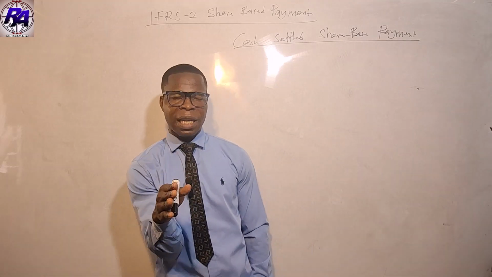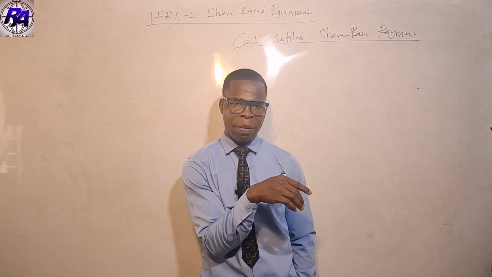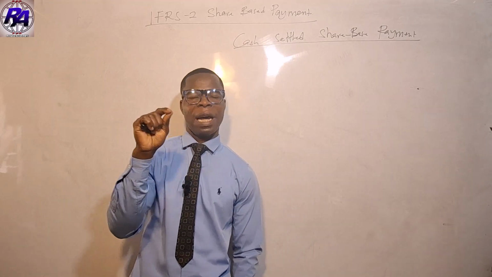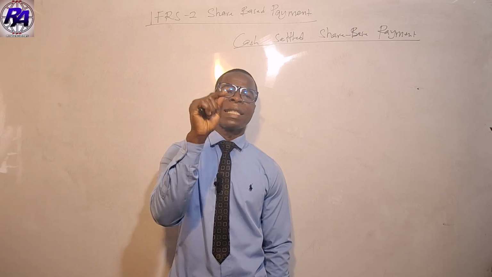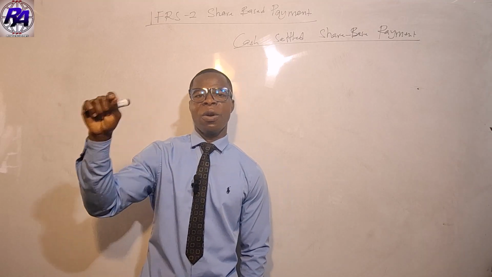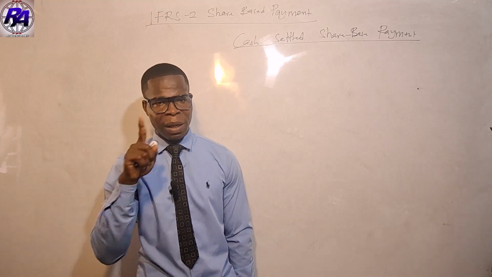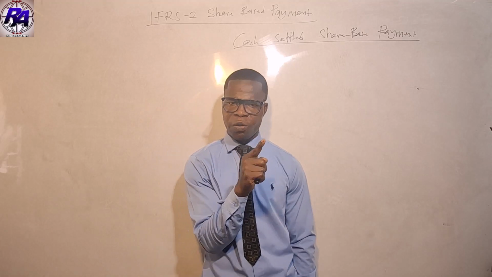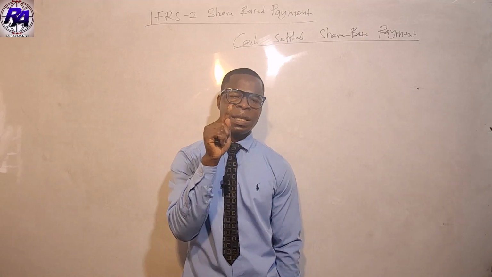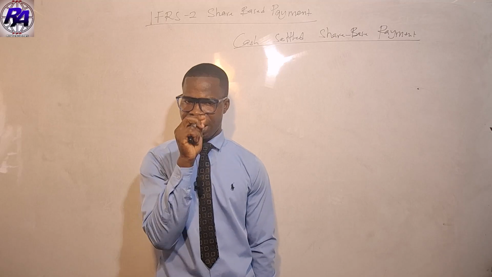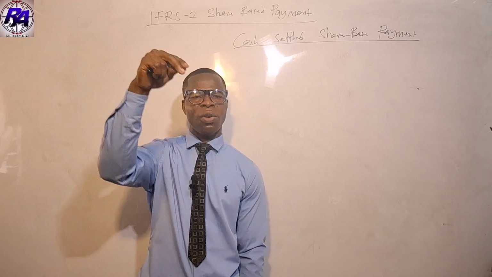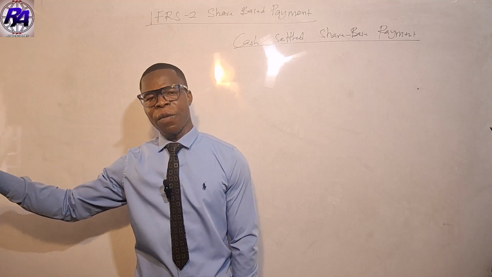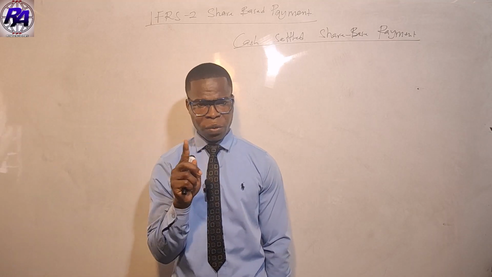So the entity has received goods from a supplier or services from an employee, and the price of those goods is determined based on the share price of the entity. In this case, the entity is not issuing equity instruments, neither is the entity issuing share options, just that the price of the goods and services are determined based on the equity price of the entity. So please know the difference.